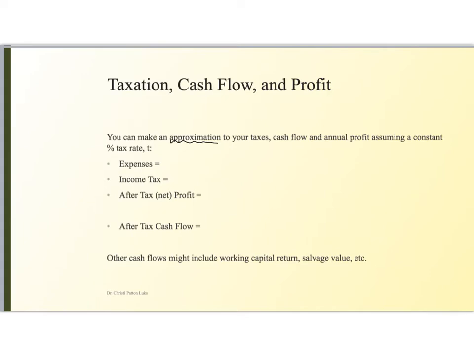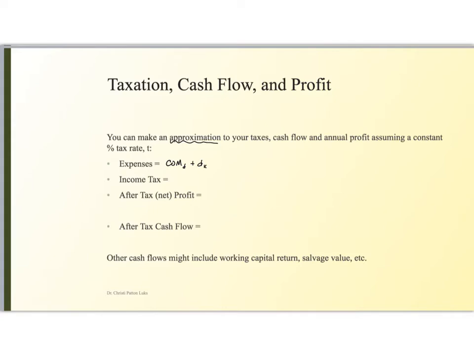Now, our expenses are going to be the cost of manufacturing without depreciation plus the depreciation for the year. The reason we're going to do it this way is because remember the amount of depreciation will change each year.